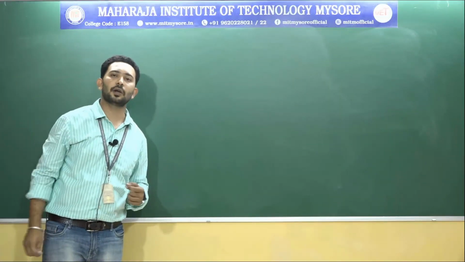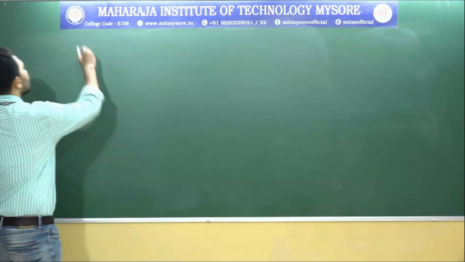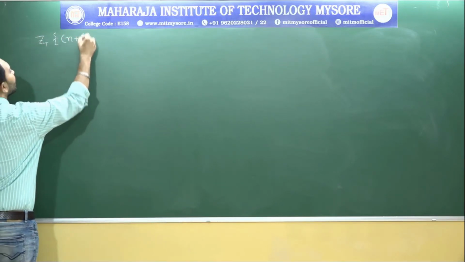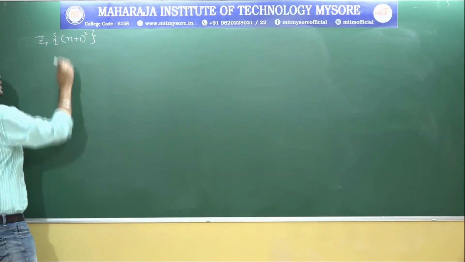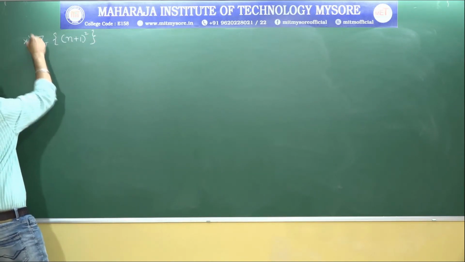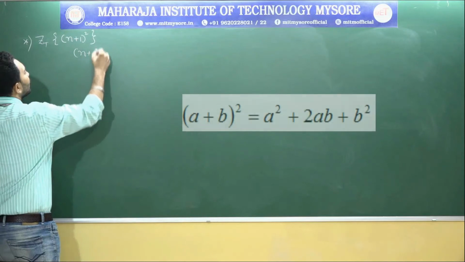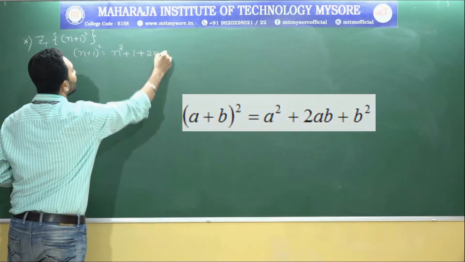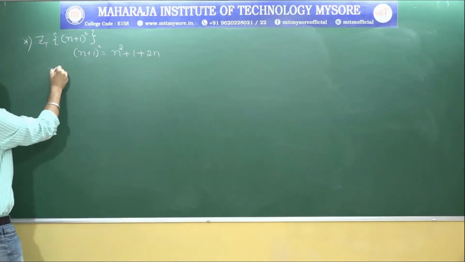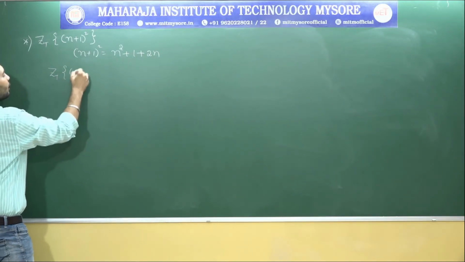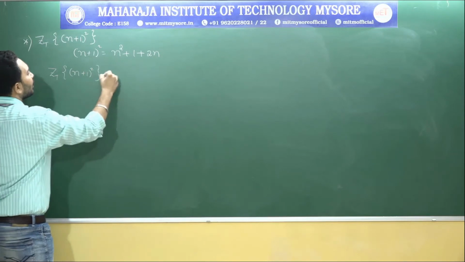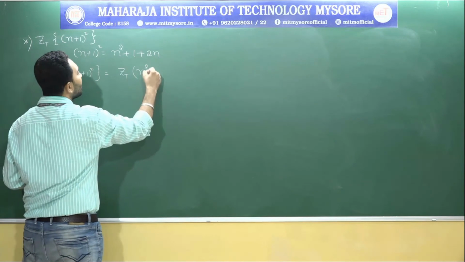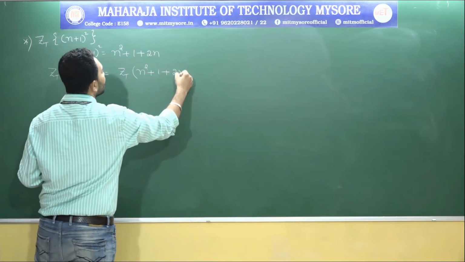Let's do some more problems on z transformation. What is the z transformation of n plus 1 whole square? It is in the form of a plus b whole square, which means a square plus b square plus 2ab. So the z transformation of n plus 1 whole square means the z transformation of n square plus 1 plus 2n.